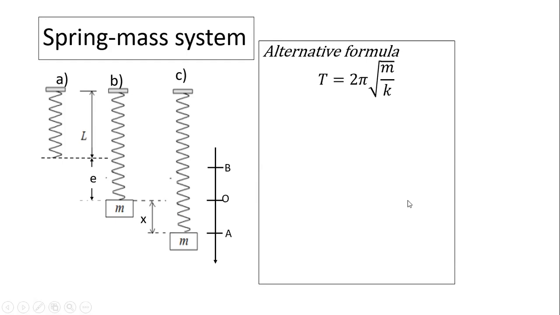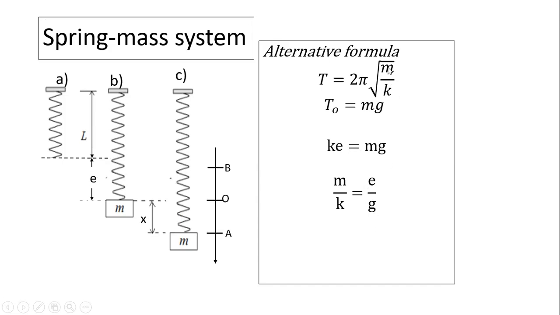Right? Alternative formula. Remember our formula, that one there. Our T0 is mg. mg equals ke for this part there. Take the e down, take the k down for m over k, and then take the g down, e over g.